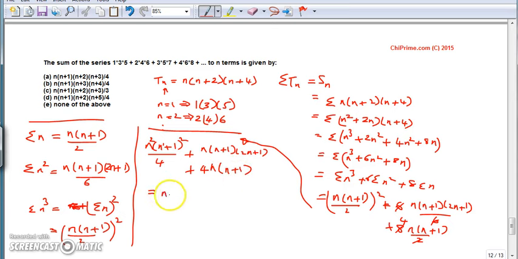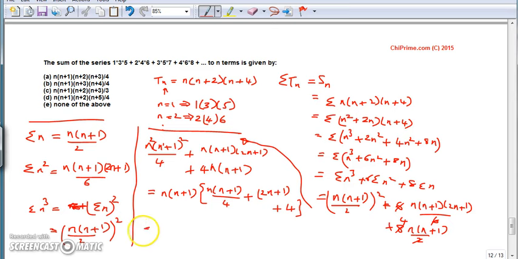Simplifying further, we get n times n plus 1, and then inside the parentheses, we get n times n plus 1 again, over 4, plus, and we have to be careful here to make sure that we do this right, plus 2n plus 1, plus 4.